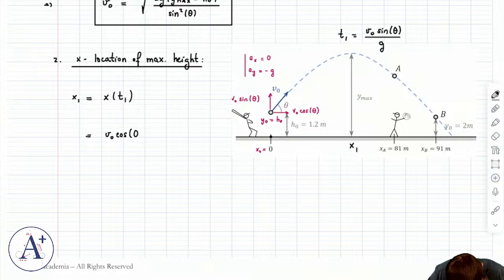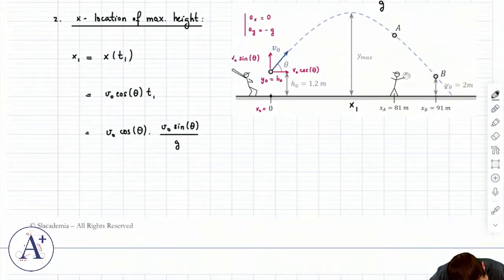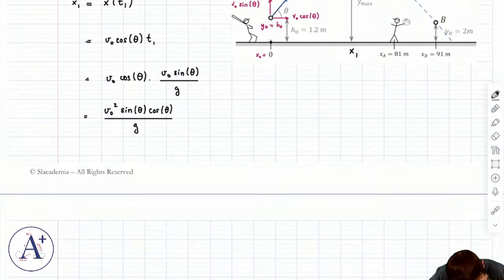So it's v naught cosine theta t1, which is going to be v naught cosine theta times v naught sine theta over g. That's going to be v naught squared sine theta cosine theta divided by g.